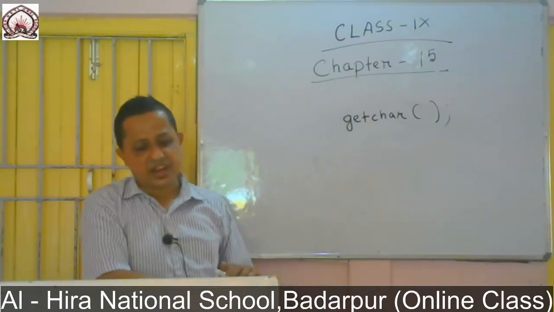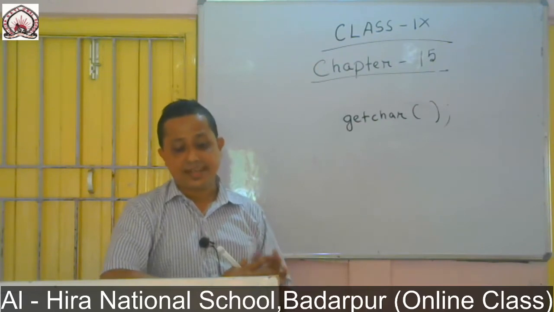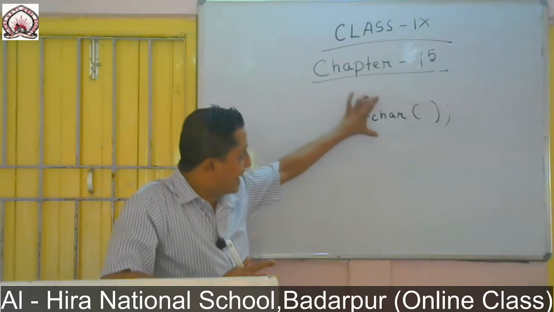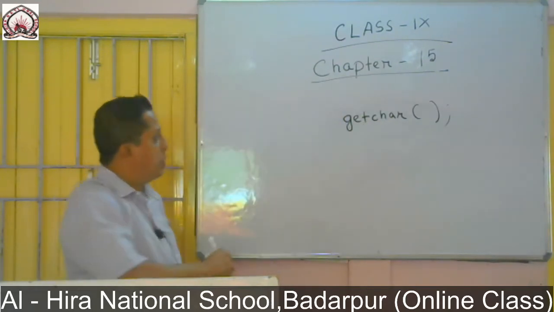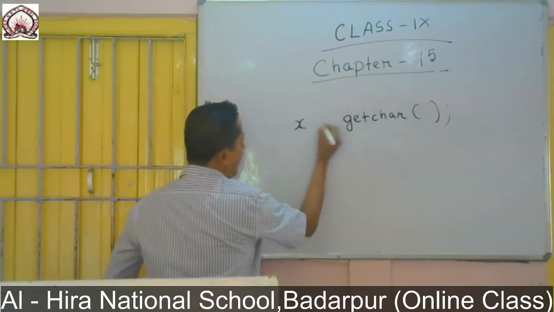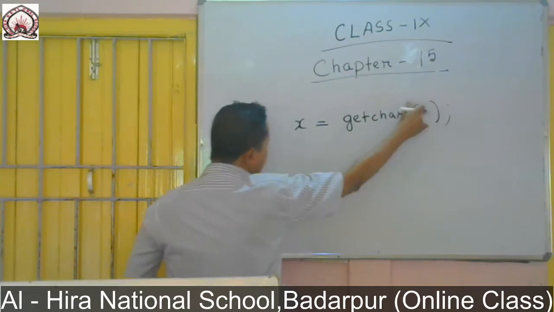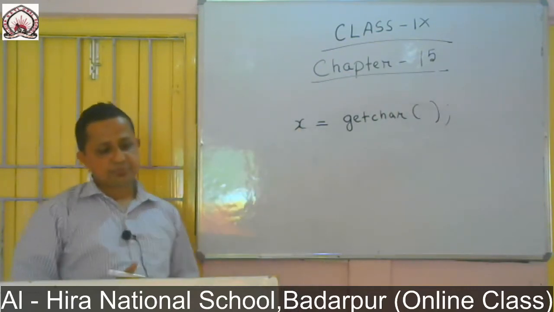This getchar function reads a character entered from the keyboard into a designated variable. It reads the character and then puts it into a designated variable. For example, I have written x is equal to this. So it will read a character and then send the character into the variable x.